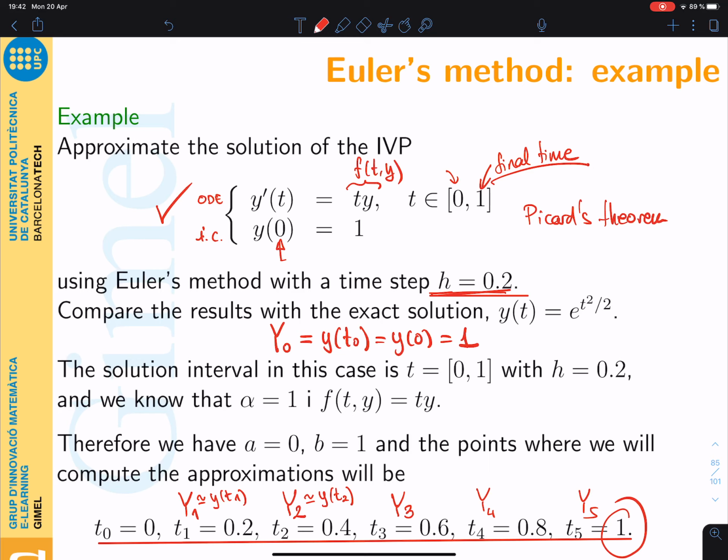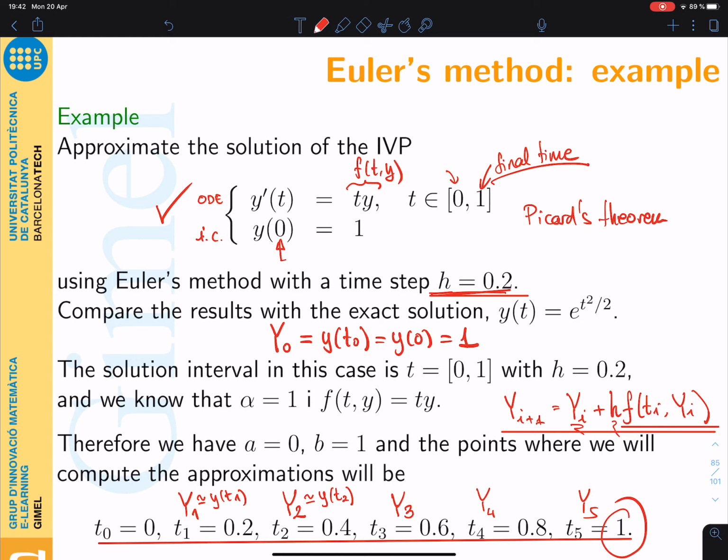The main formula of the method, remember, is that y(i+1) is equal to yi plus h f(ti, yi). So what this formula is telling us is that we move from yi a distance h following the direction given by the tangent line.